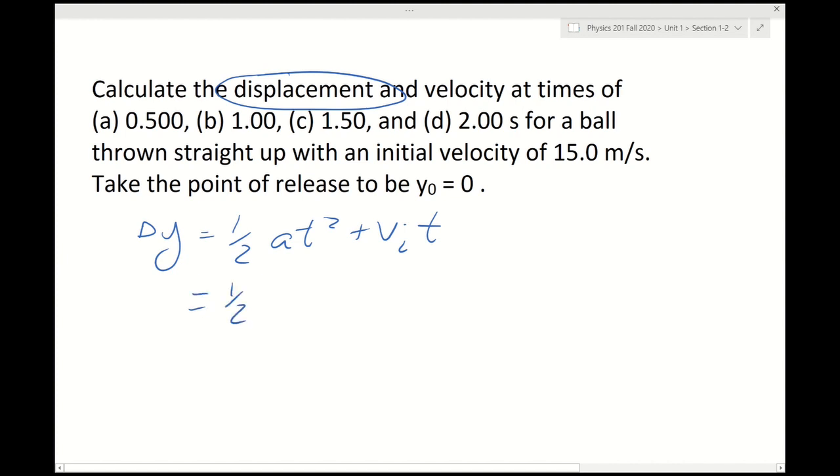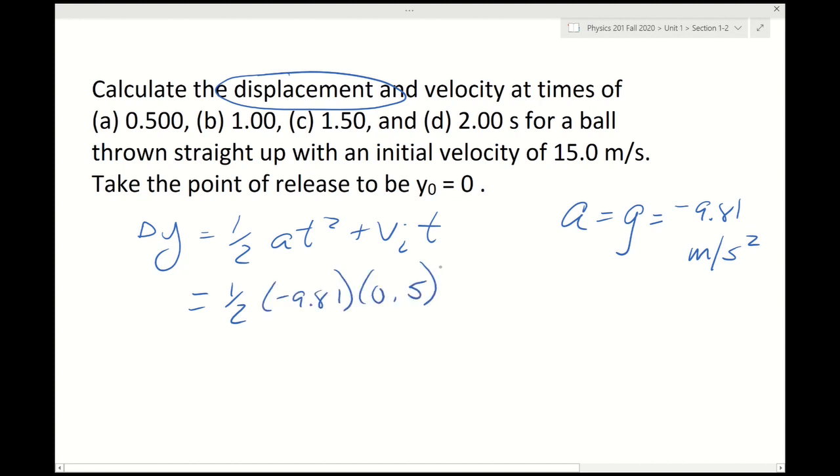On Earth, the acceleration due to gravity at or near the Earth's surface is approximately 9.81 meters per second squared. The negative tells you it's down. Our initial velocity is a positive 15 meters per second.